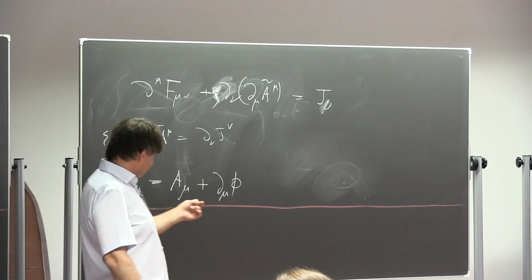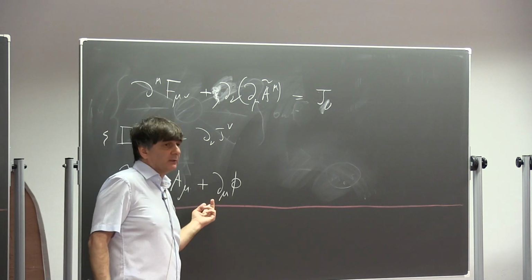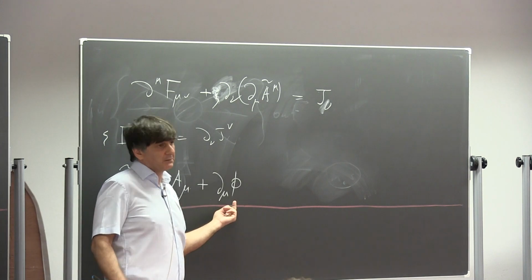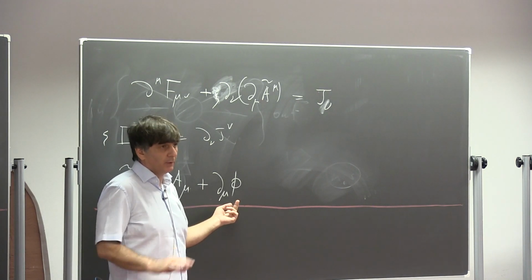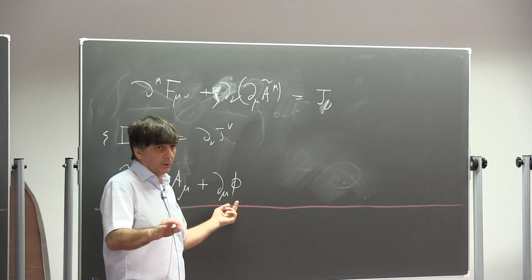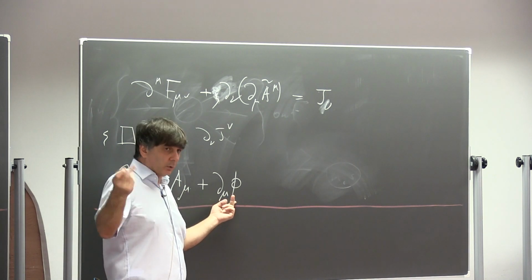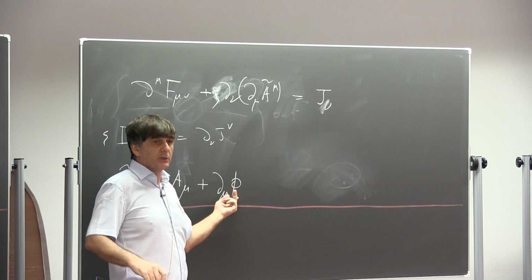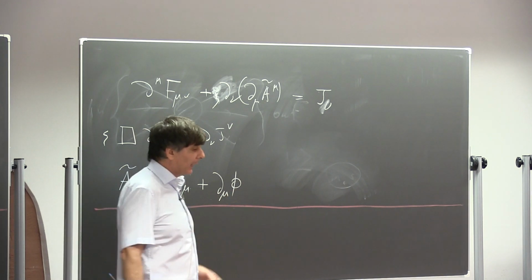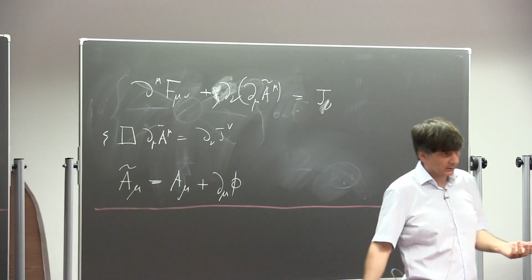Now, you may naively think that phi, because it's a scalar, propagates 1 degree of freedom. But you have to be extremely careful, because whether phi propagates 1 degree of freedom or many depends on the equation of motion of phi. And now we can see immediately what is the problem in this theory.